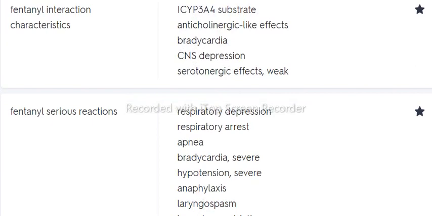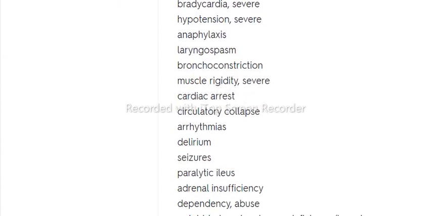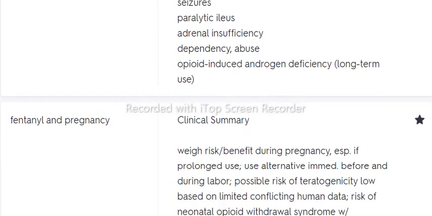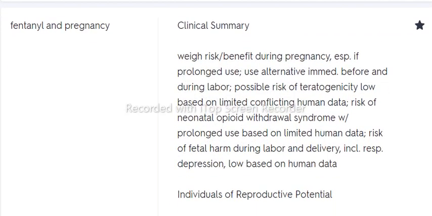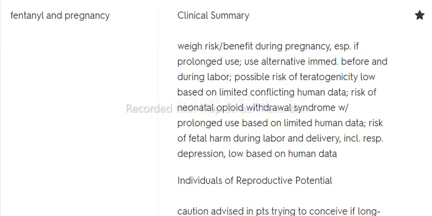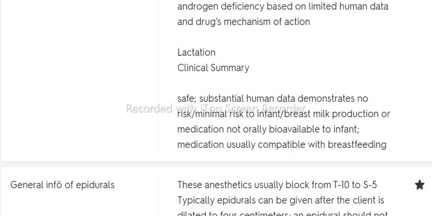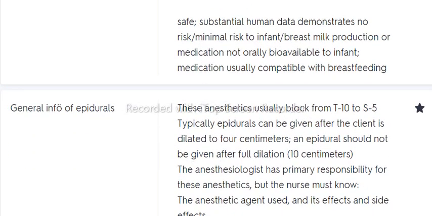Fentanyl serious reactions. Fentanyl and pregnancy. General info with epidurals.